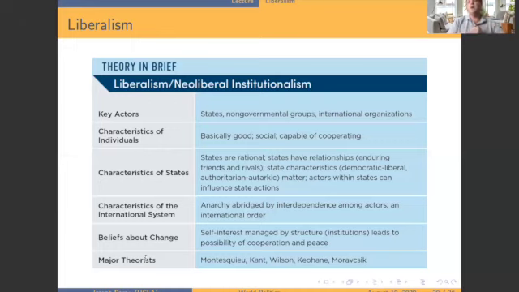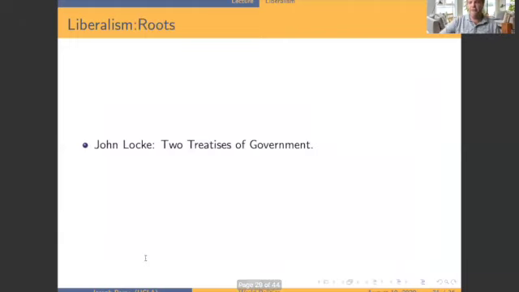That said, there are three major sub-theories inside of liberalism. The first is domestic institutionalism. The second is the democratic peace theory. And the third is neoliberal institutionalism. But before we jump into those, let's talk about the roots of liberalism.